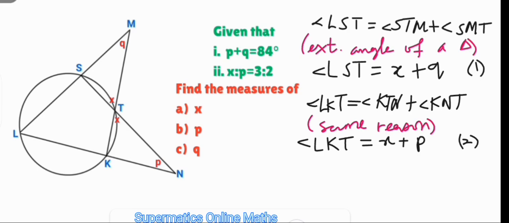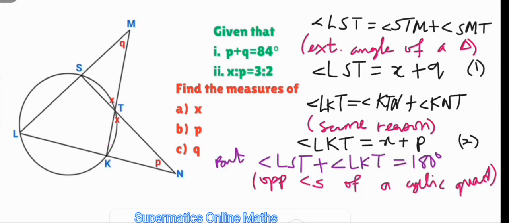Another thing to consider here is that the angles LST and LKT are supplementary angles, being opposite angles of the cyclic quadrilateral KLST. And this simply means that X plus Q for LST added to X plus P for LKT must give 180 degrees.